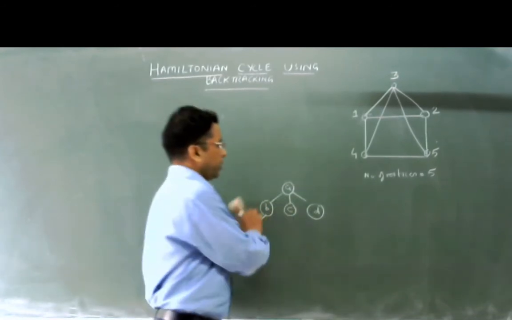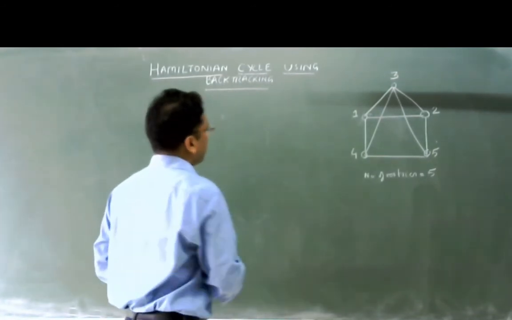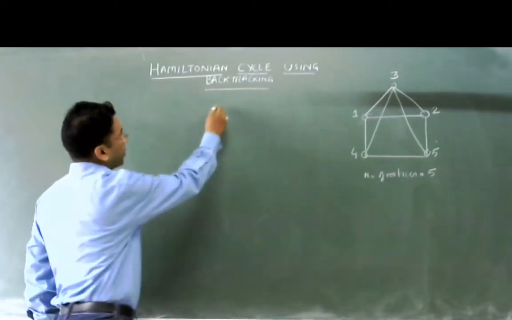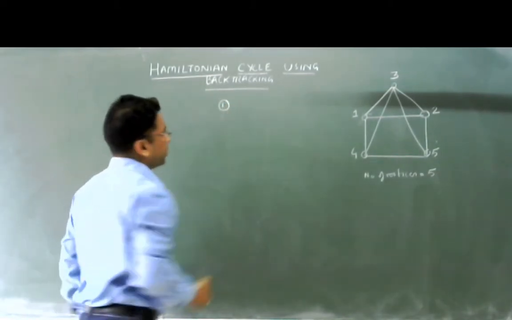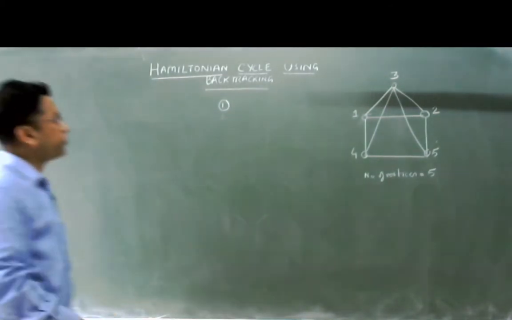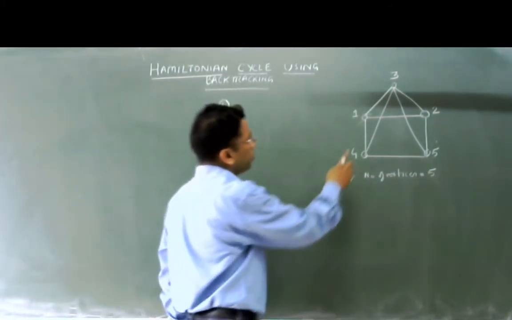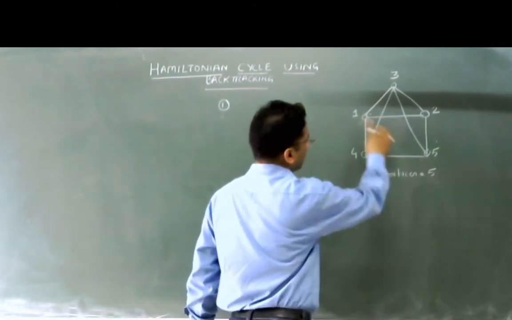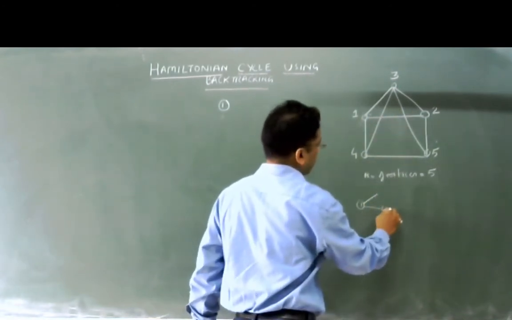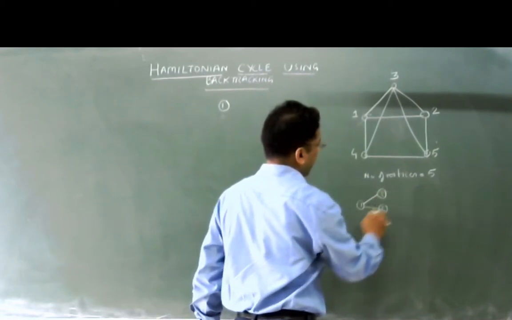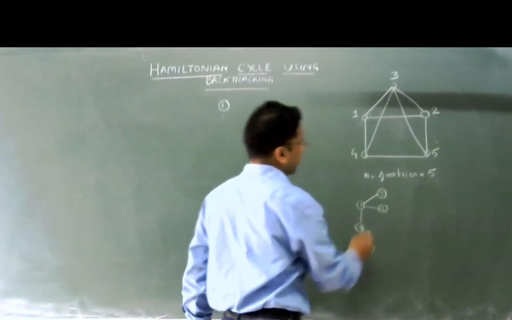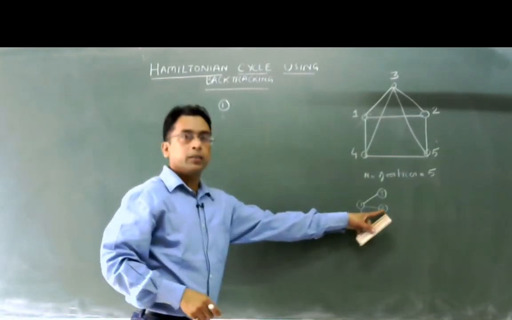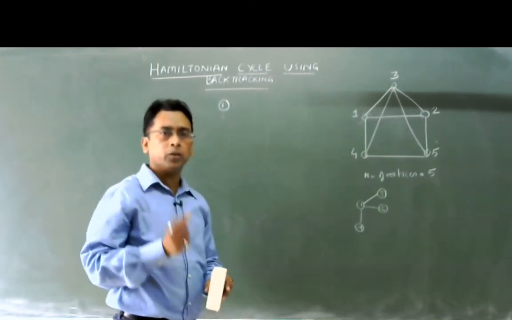So here I consider node number 1 as the root node. Now in the given graph, the nodes adjacent to 1 are 2, 3 and 4. Between these numbers, 2 is the first one as per topological order.